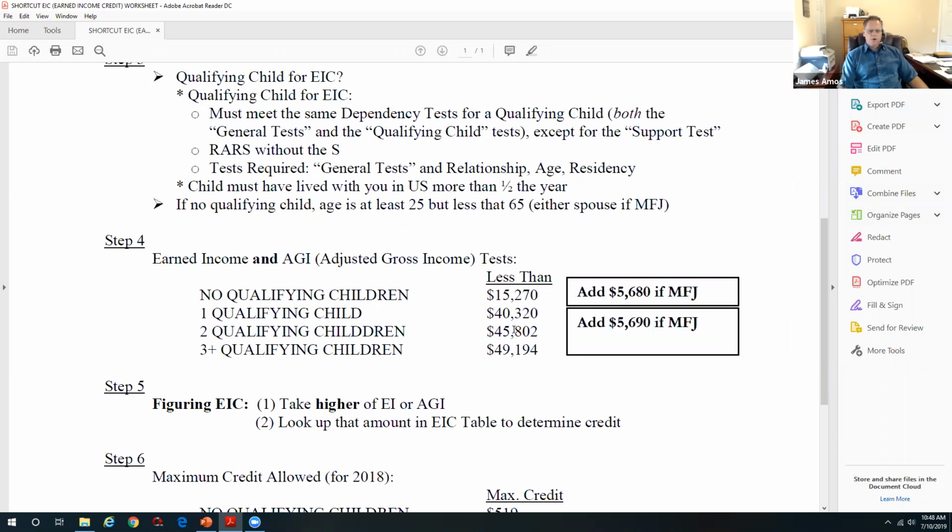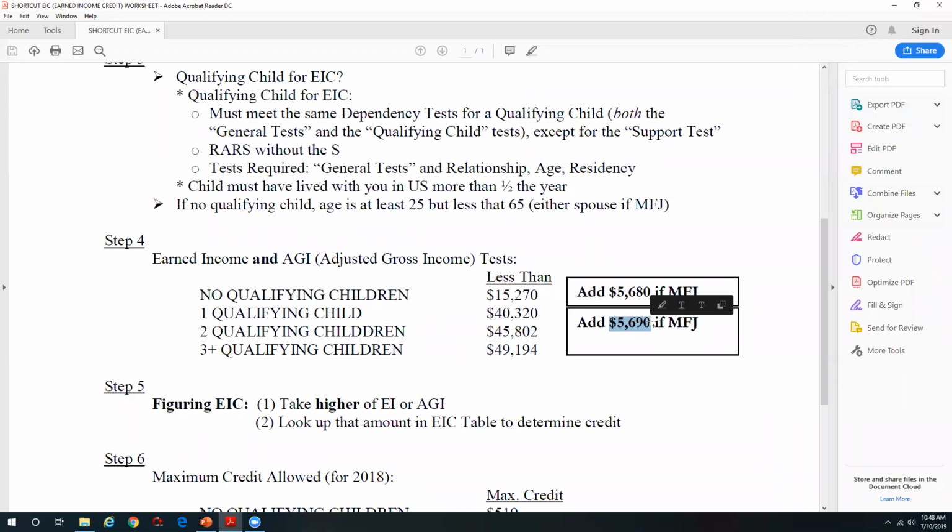If you have 2 or more qualifying children, here's your cutoff amount, $45,802. If you're filing jointly, you add $5,690 to it. If you have 3 or more qualifying children, your cutoff amount is $49,194. And if you're filing jointly, add $5,690 to it.